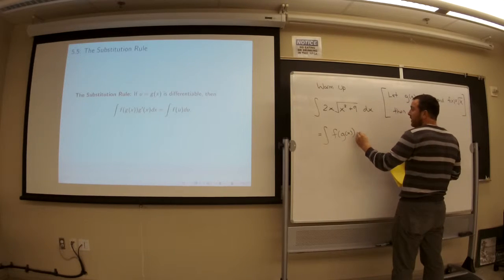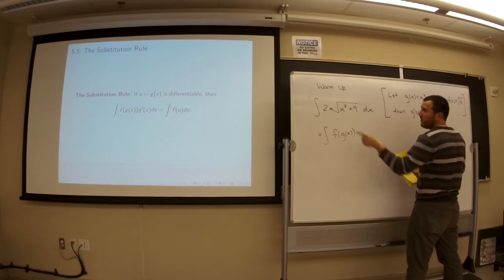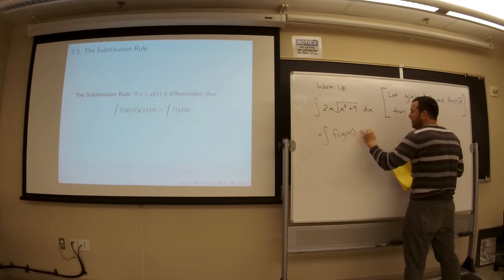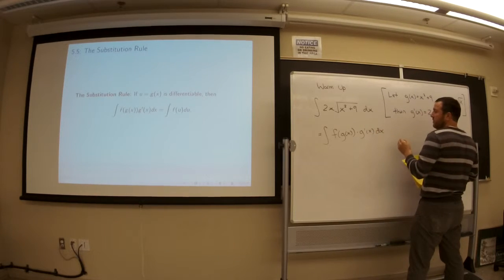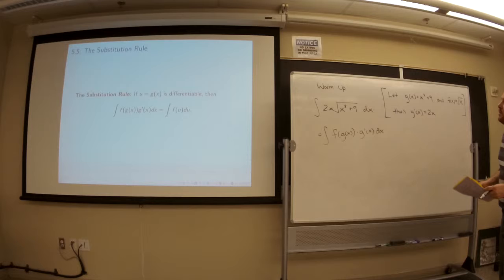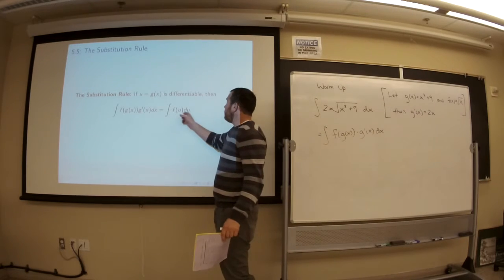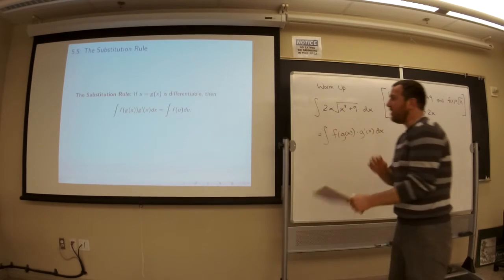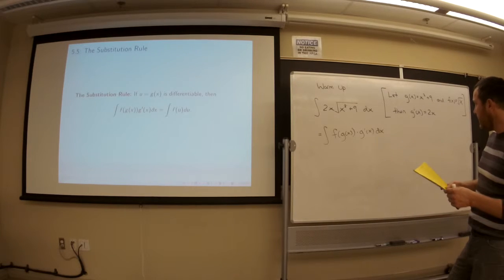And then times g prime of x for this 2x, just to put it in the same spot as the g prime of x in the rule, times dx. Okay, and then the rule says that this should be equal just to the integral of f of u du, so we just have to do that antiderivative of the outside function and then substitute in for g of x at the end.